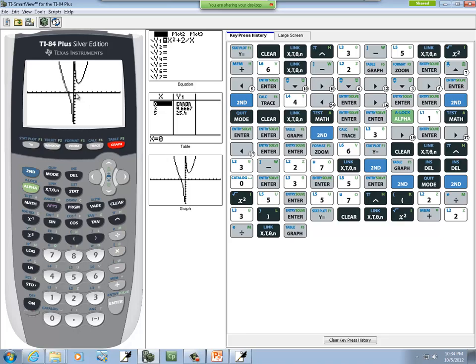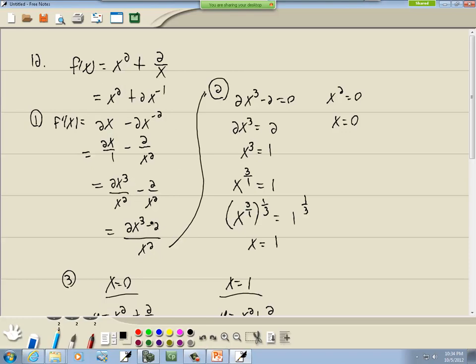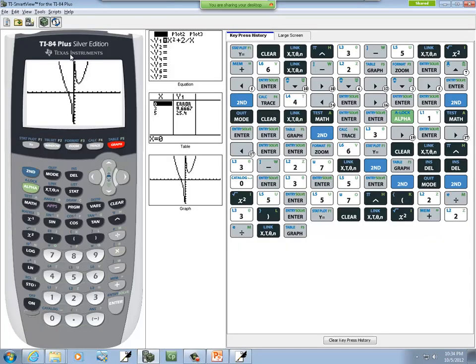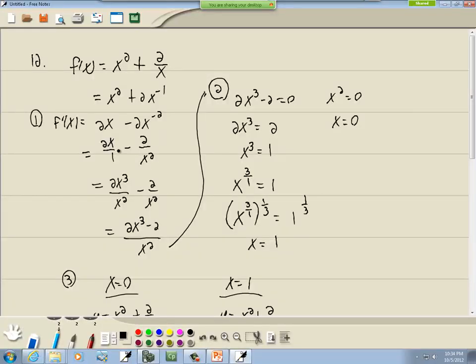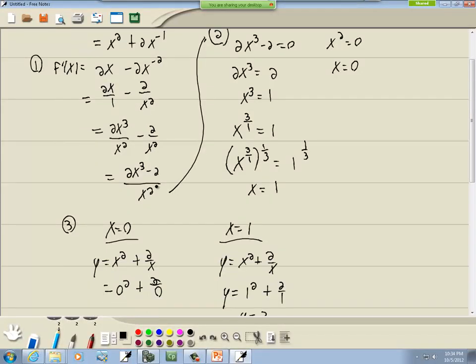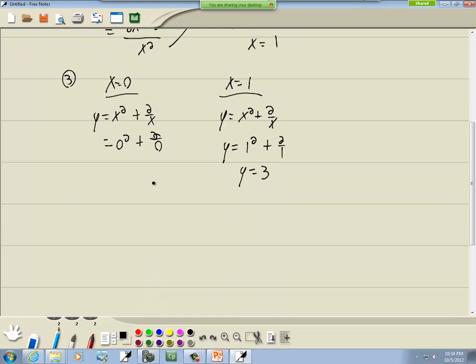So starting at 0 and going forever here, I see that it doesn't exist at 0. It just keeps getting closer and closer. Looks like it's going up forever, doesn't it? Since we can't use 0, then that's not an absolute max up there. But it does have an absolute min right down here. So this right here is going to be an absolute min at 1, 3.